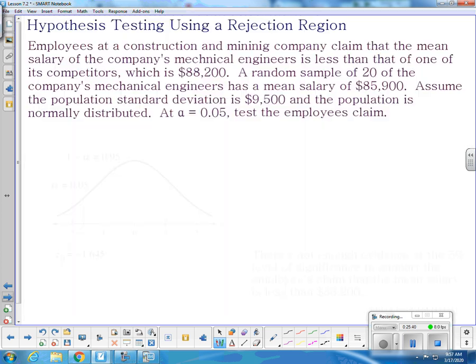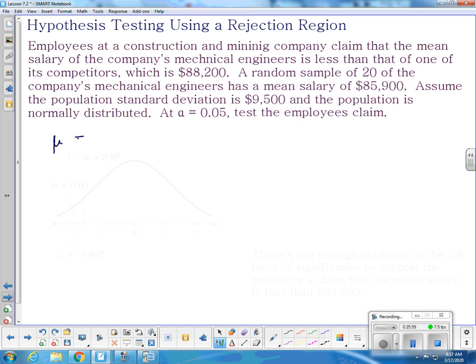So, employees at a construction and mining company claim that the mean salary of the company's mechanical engineer is less than that of one of its competitors, which is $88,200.